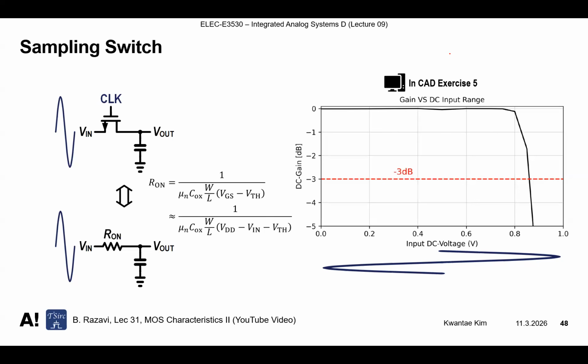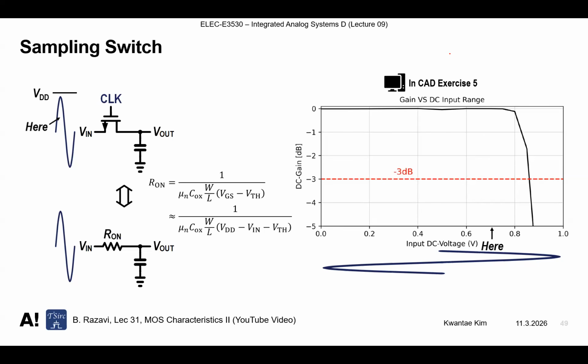When the V in value is high, the on resistance goes high, because there is a minus V in in the denominator. If V in is low, the on resistance is low. So let's suppose we are at a point here where the value is low, and this is VDD. Then the R on resistance of the switch is low.